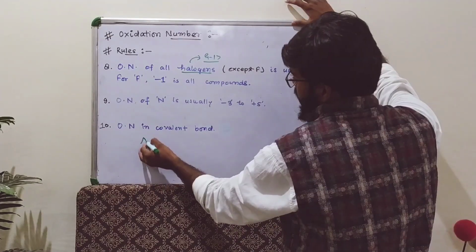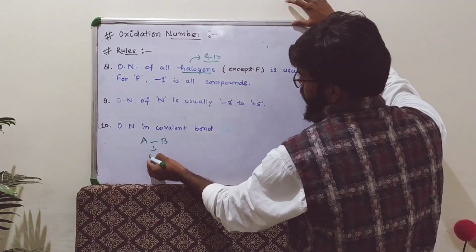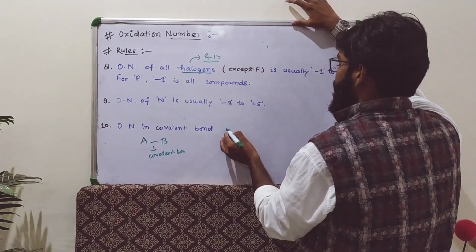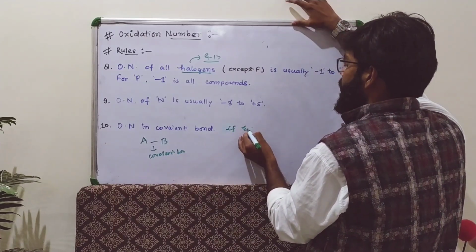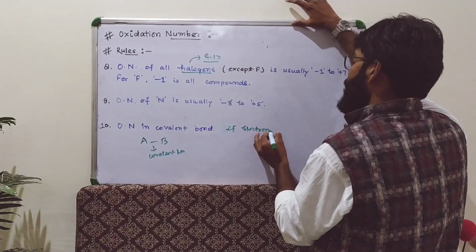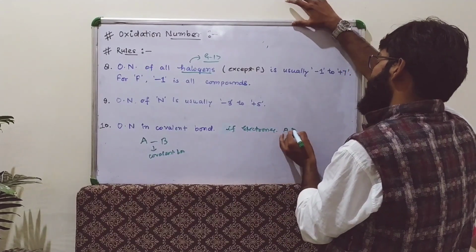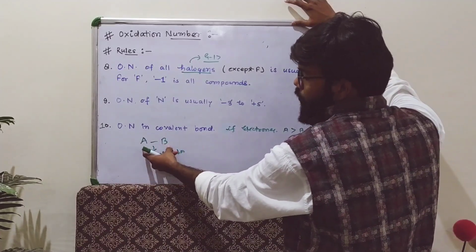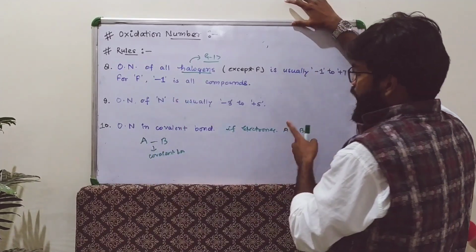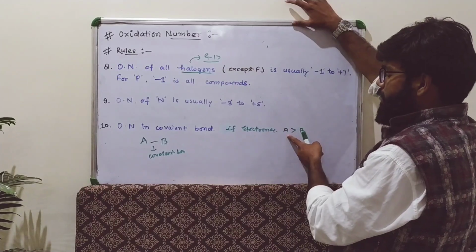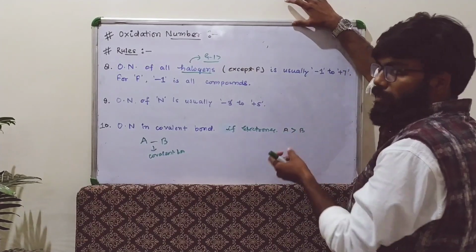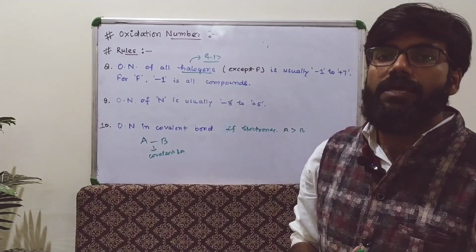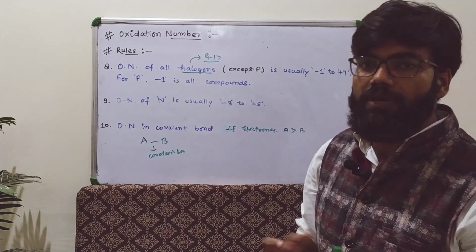For example, A and B are joined by a covalent bond, and if the electronegativity of A is higher than B, what I am saying is AB is a compound having one covalent bond, and if the electronegativity of A is greater than B, electronegativity means the ability to pull electrons toward itself.